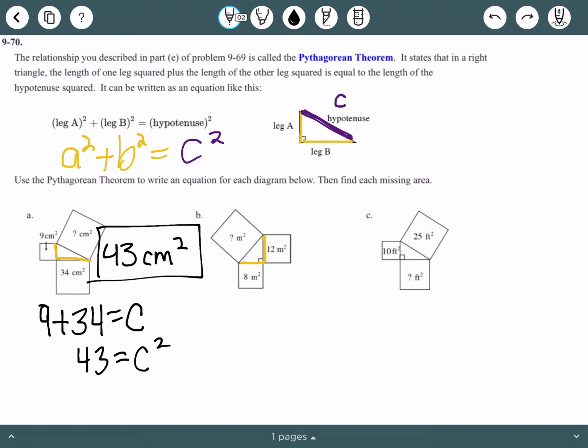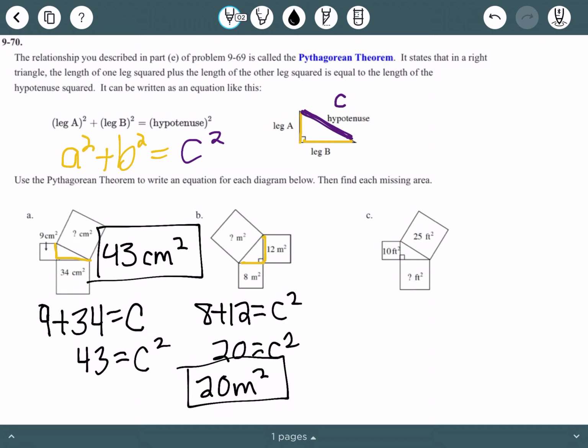So again, we're going to do 8 plus 12. That equals c squared. And 8 plus 12 is 20, which is c squared. So in terms of context of the problem, let's say 20 meters squared. So again, remember those labels.